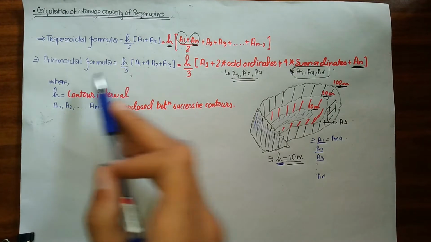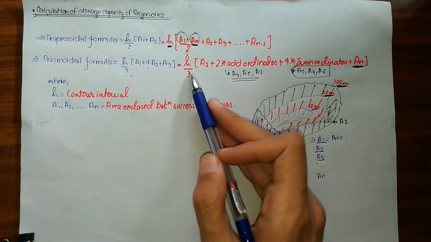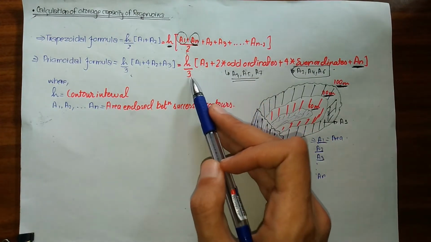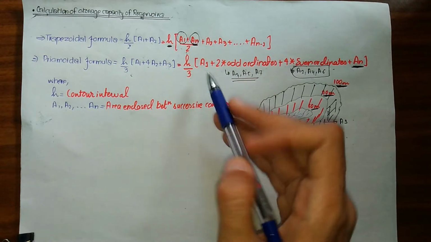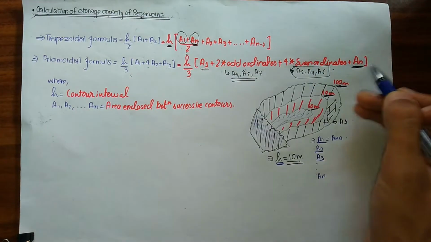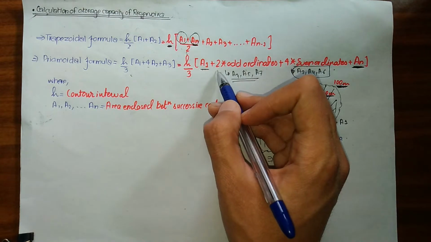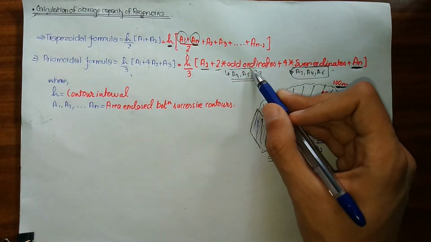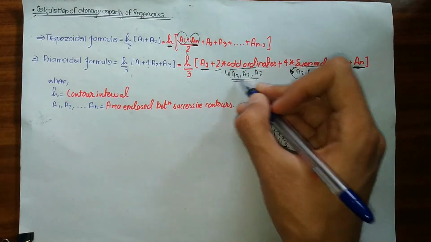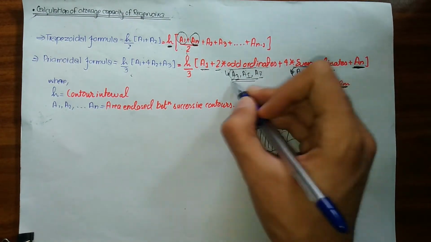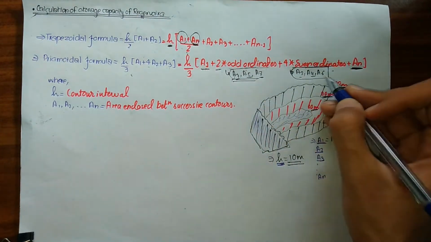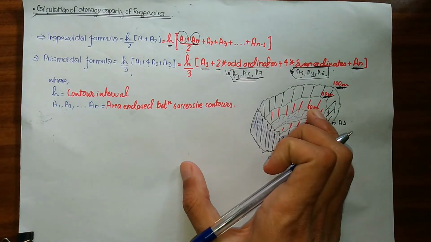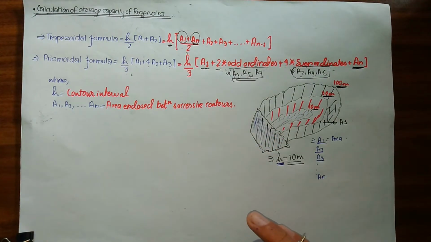In my prismoidal formula, I multiply by h by 3, and I simply add my first and last area, but I multiply by 2 for my odd ordinates and by 4 for my even ordinates. My odd ordinates simply refer to the areas with odd numbers A3, A5, A7, and even means A2, A4, A6. So you can simply understand it this way. Let's do a numerical related to this to make the concept clearer.